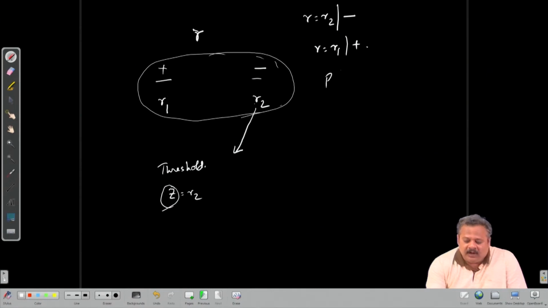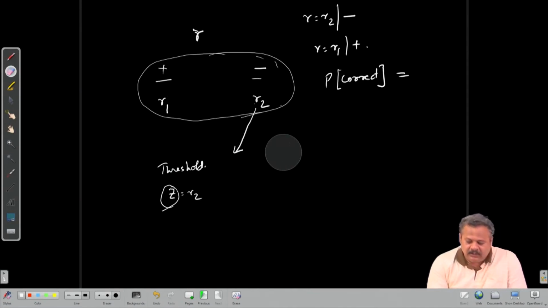then we can write out the probability of correct in this manner. Let us say we have a particular value of Z. So let us draw this curve here.